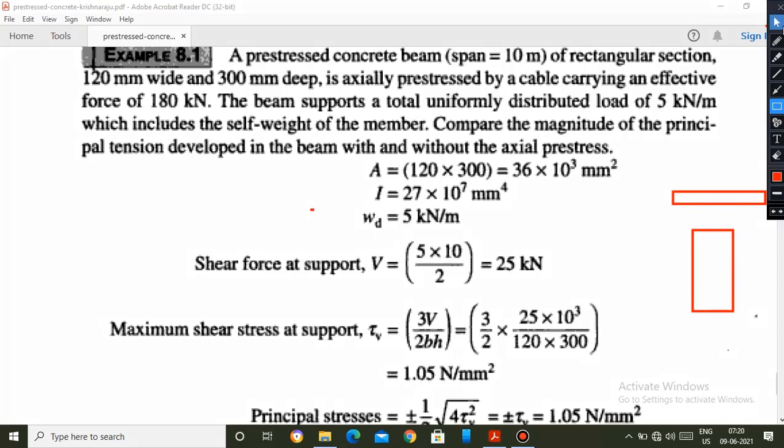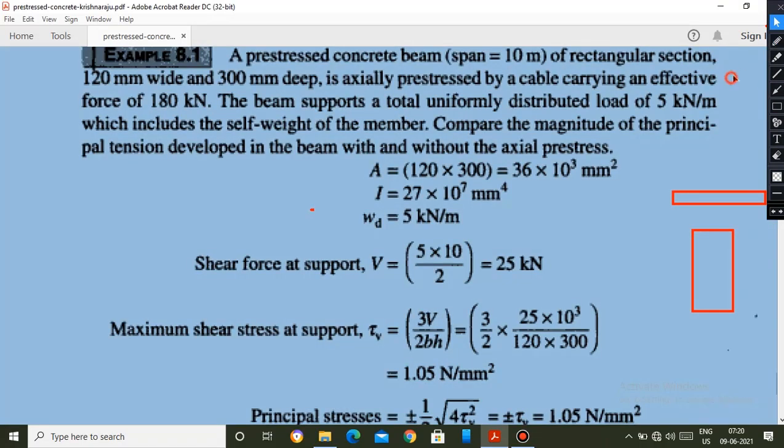This is the width of the section, B, given in the problem as 120 mm, and this is the depth of the section, D, given in the problem as 300 mm.